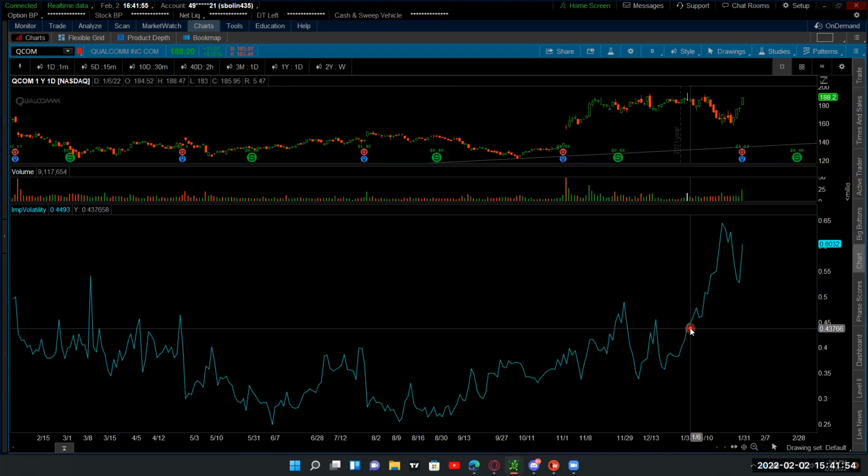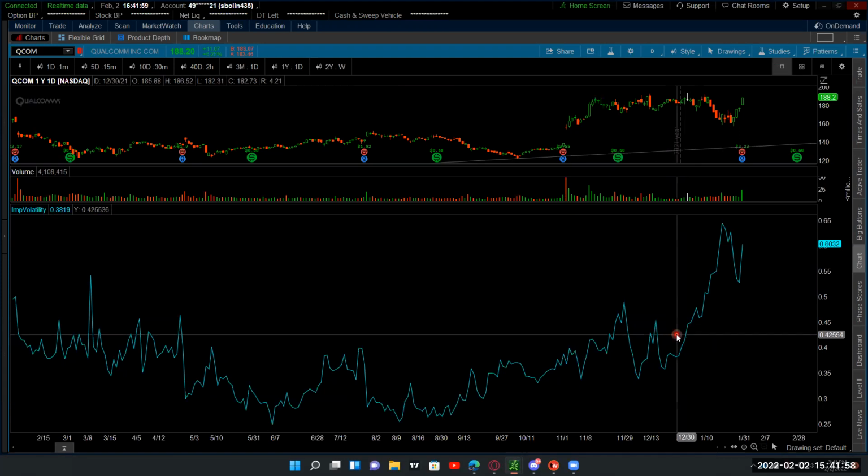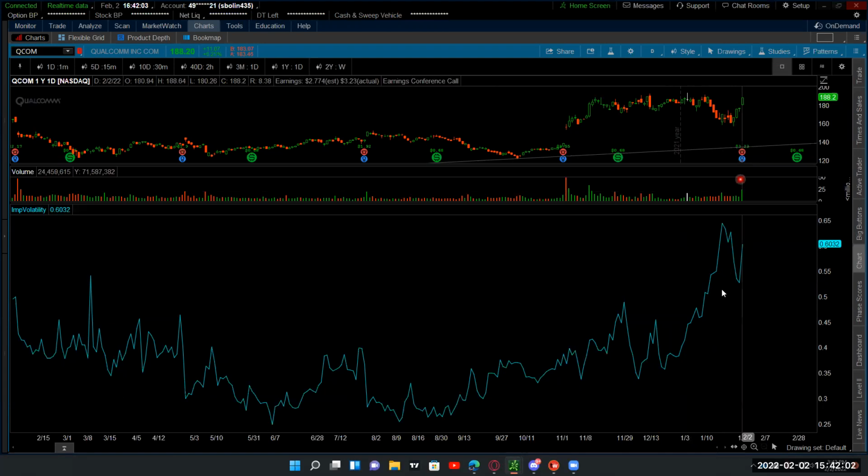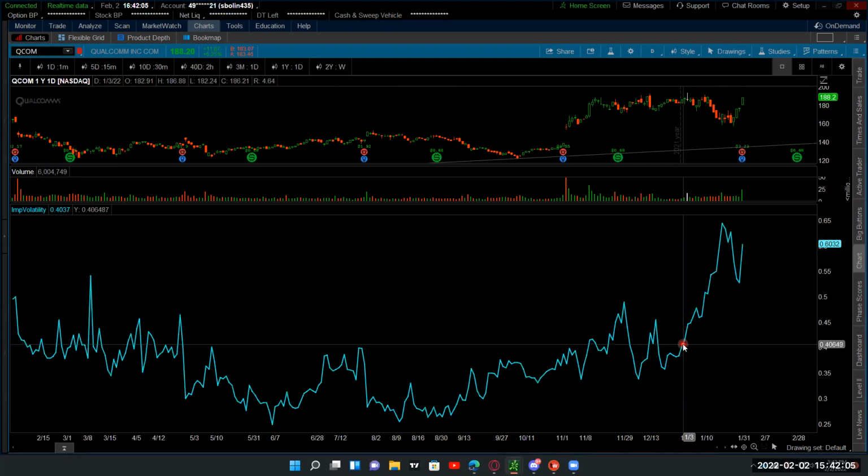If it goes from $1.50 to $2 and then $2.25, $2.30, $2.50, you're not getting out of that thing because it's getting closer to earnings. And remember, this blue line represents the aggregate value of options cost. The closer we get to earnings, the more all of those costs went up.